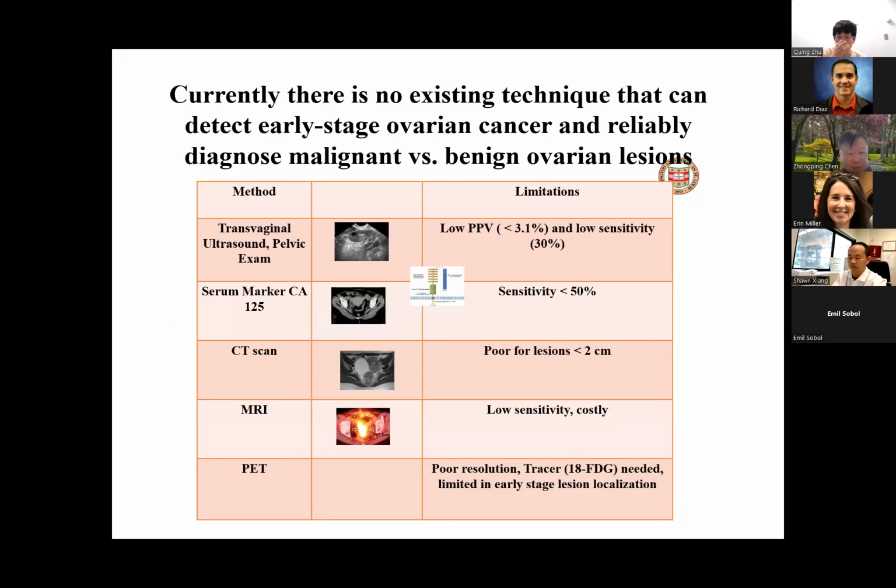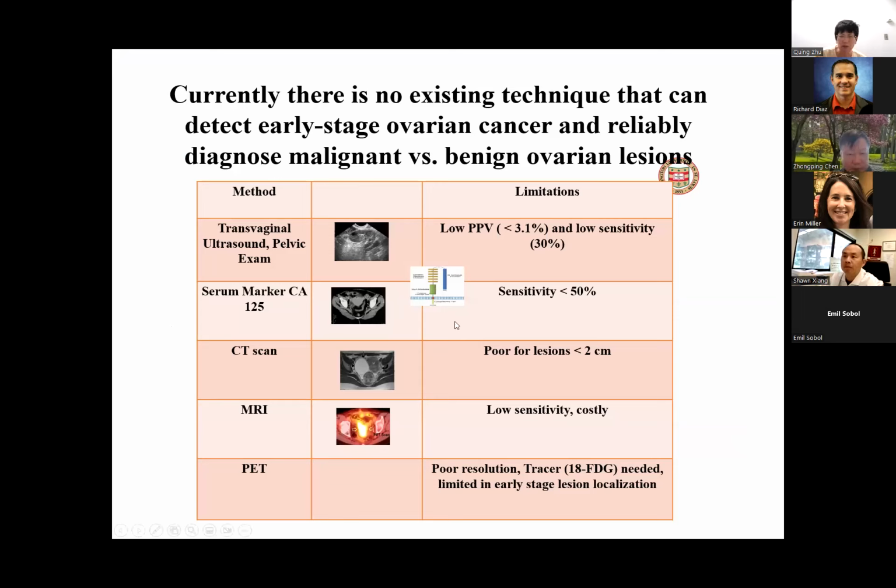So these are the current limitations. Transvaginal ultrasound is used, but it's not very valuable, and it is not recommended for screening because the yield is very low and the benefit is not there.